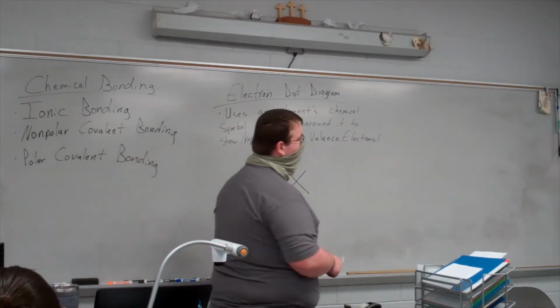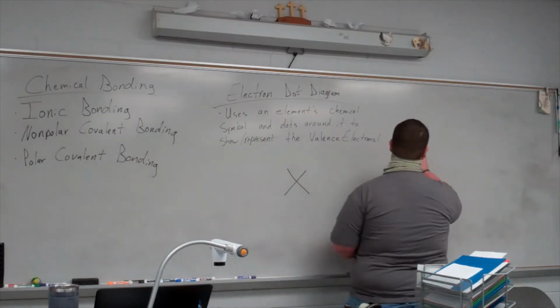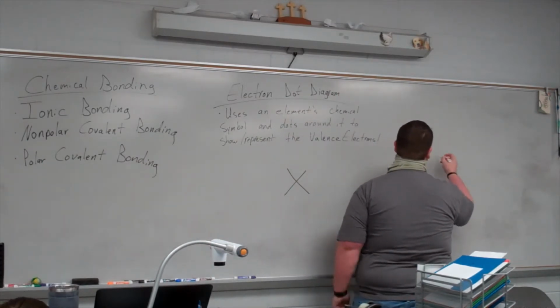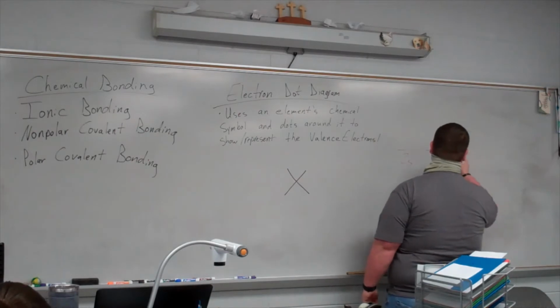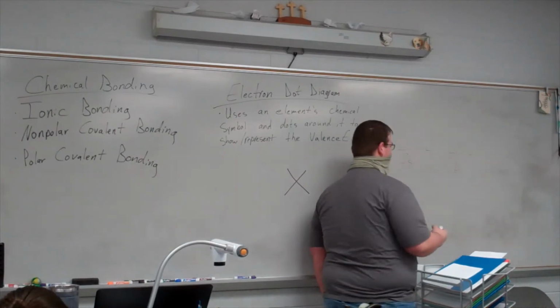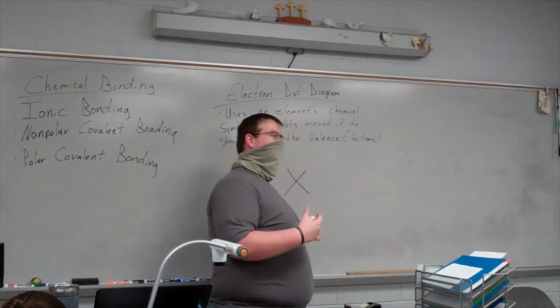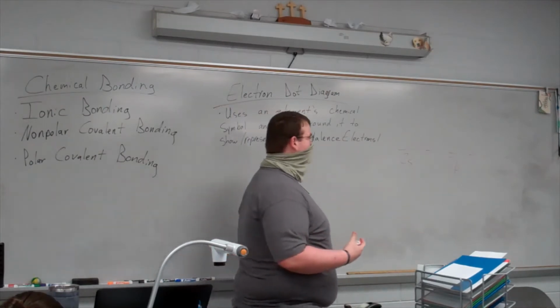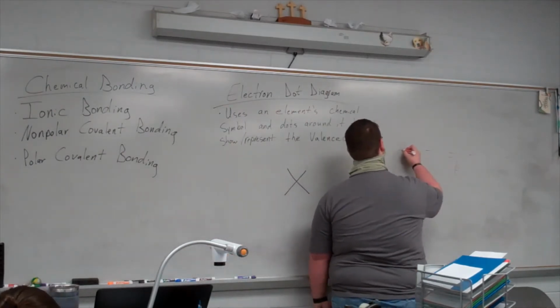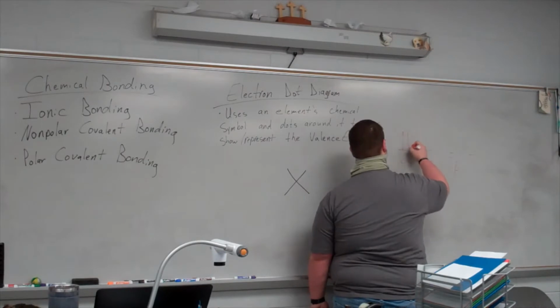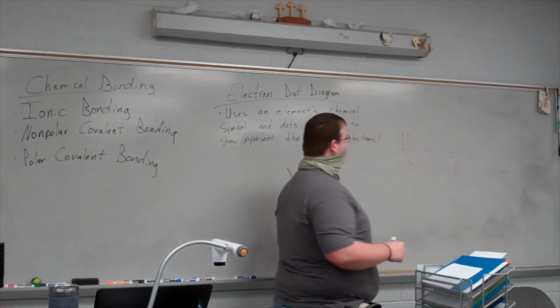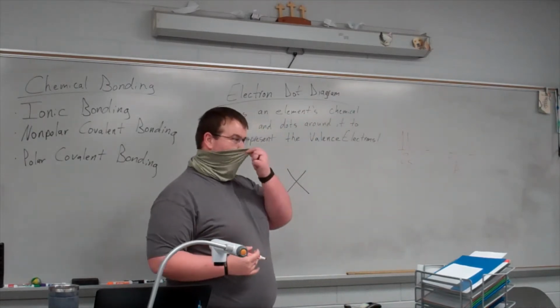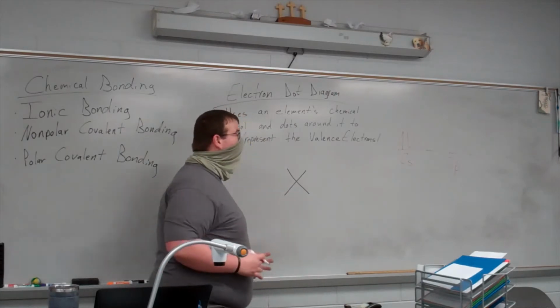Think about when you look at 2s and 2p. How would we fill electrons within this? The first electron would go here and the second one would go here. That's why this matters. You're going to follow the same pattern.